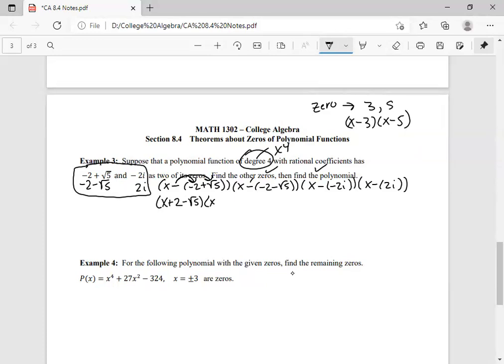Write down my X. This negative gets distributed to both of these things. So negative -2, +2. Negative square root of 5, positive square root of 5. Everybody's okay with that part? This part, X minus a -2i would just be X plus 2i. And then X minus 2i, well, that's just X minus 2i.